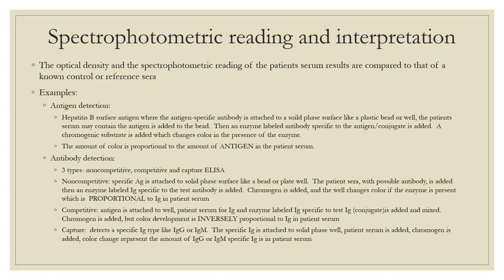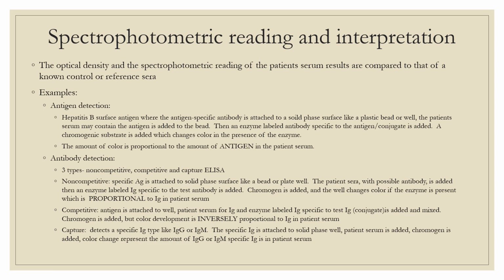We can actually use indirect ELISA to detect lots of diseases, including measles, mumps, HIV, hepatitis B virus, West Nile virus, avian influenza, etc. And there are actually three different types of ELISA procedures. One is called non-competitive, one is called competitive, and one is called capture.